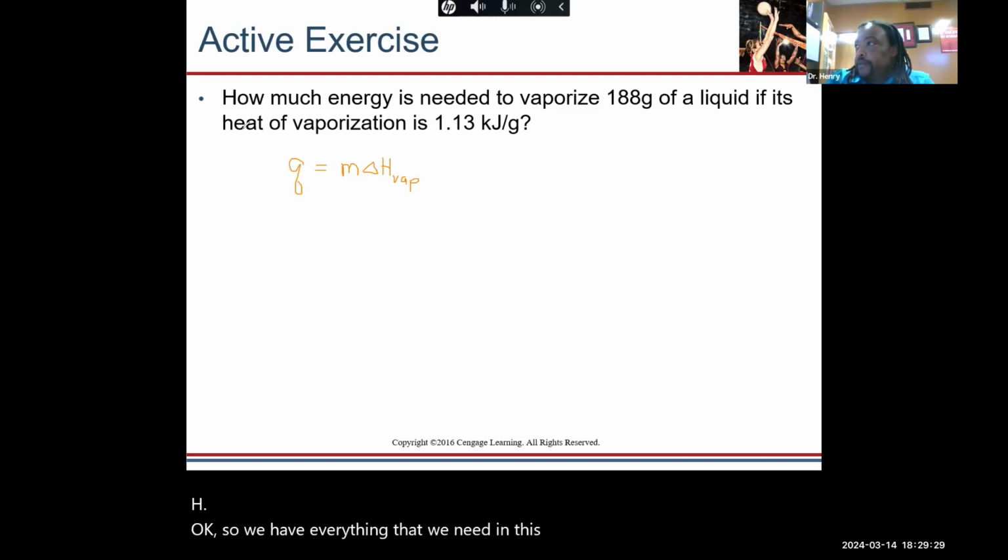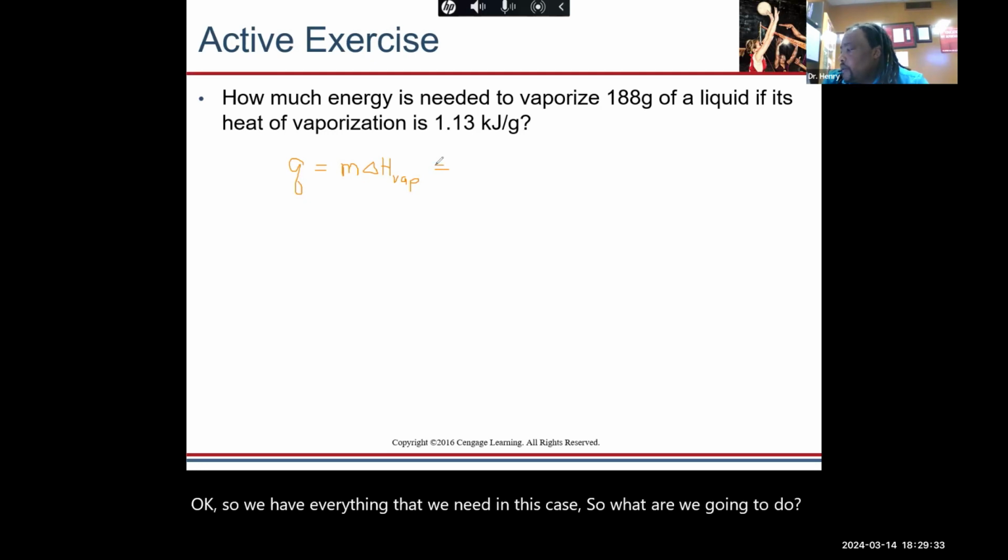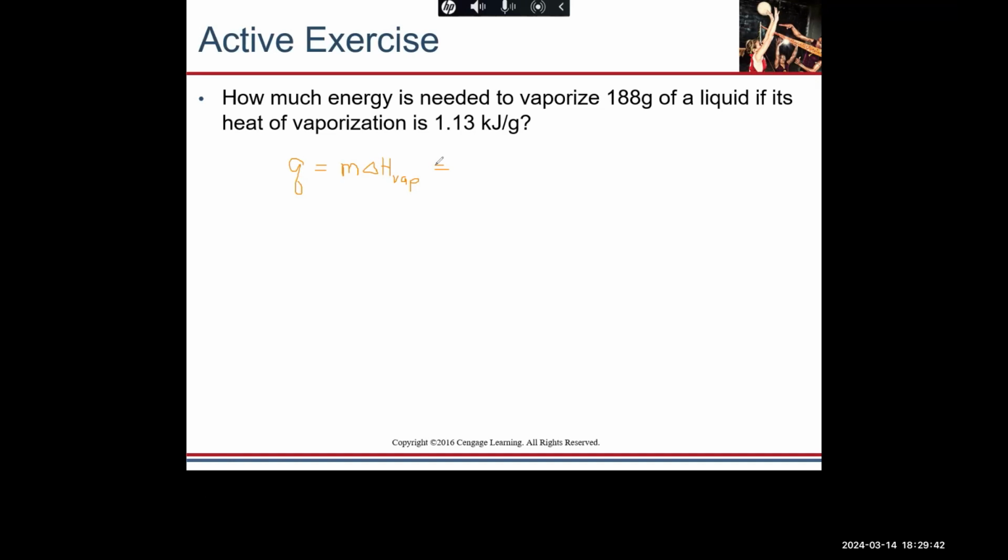So what are we going to do? You substitute the m for 118 grams, is it? Okay. And then the heat of vaporization, we multiply that by the 1.13 kilojoules over 1 gram.